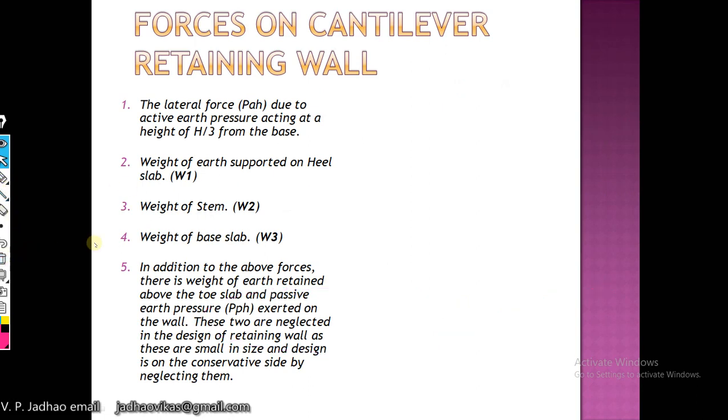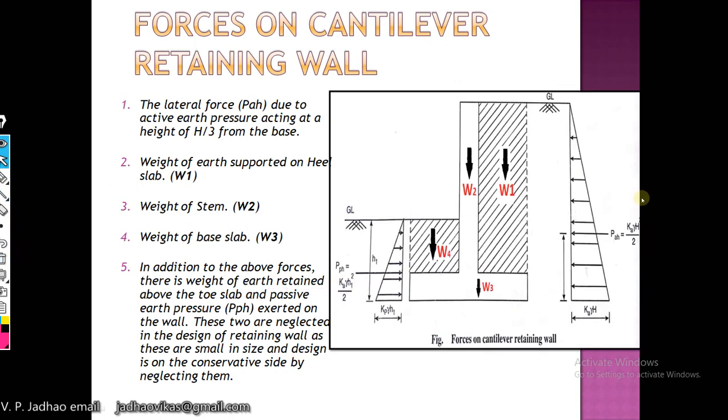Now, what are the different forces which are acting on your retaining wall? The first force is W1, the weight of the soil mass which is acting above this heel portion.